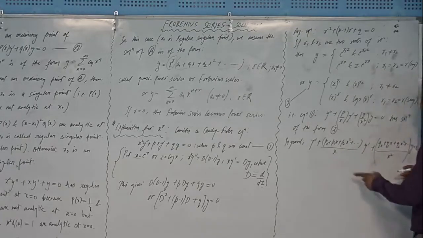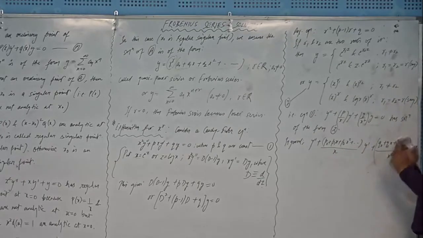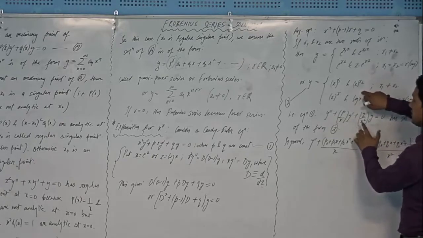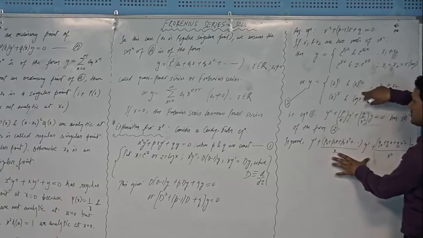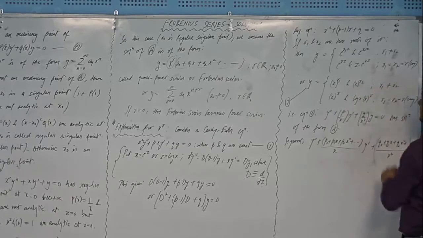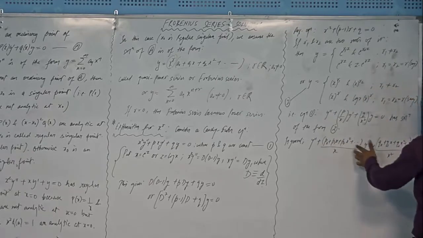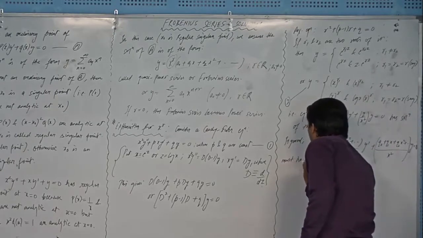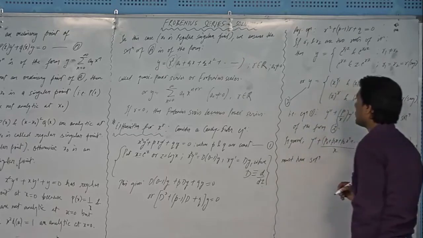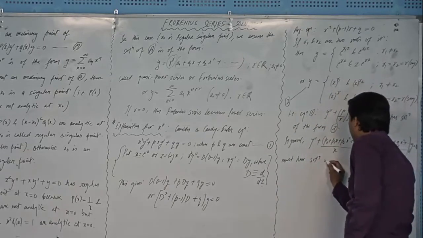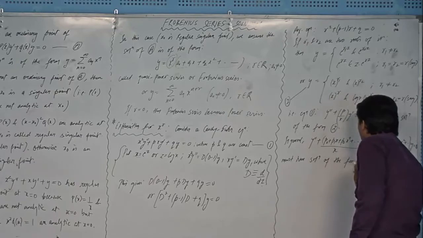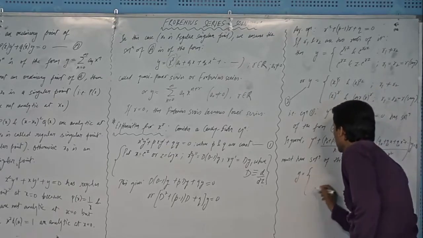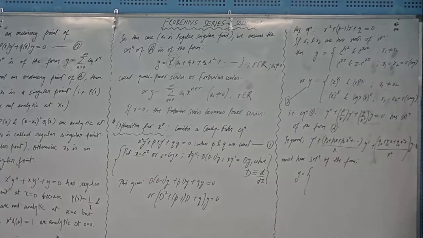So I am trying to write the solution for this general equation. I already have the solution of the equation of this form, so I will rewrite the solution of this general equation using this. In general, this must have a solution of the form y is equal to, you can see that.